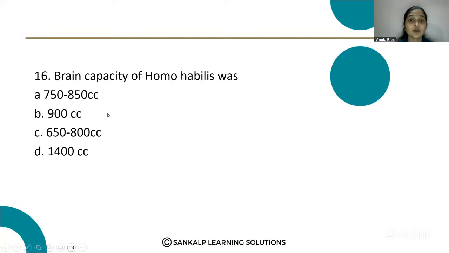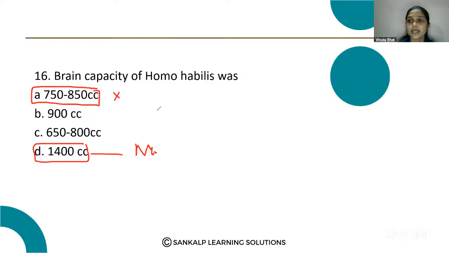Next question. The brain capacity of Homo habilis was... We already discussed this type of question. 1400 cc is the brain capacity of Neanderthal man. So you have to choose. The range 750 to 850 cc is not given in your NCERT, so you have to choose 900 cc or 650 to 800 cc.